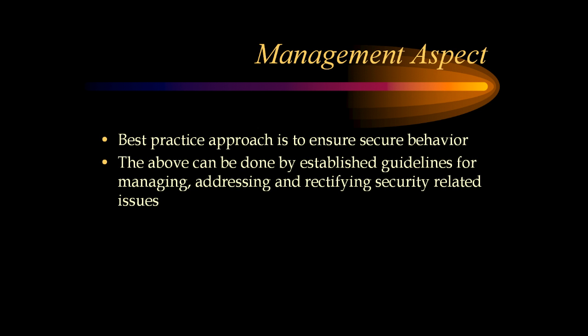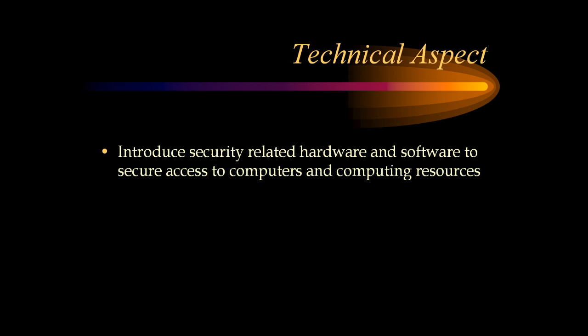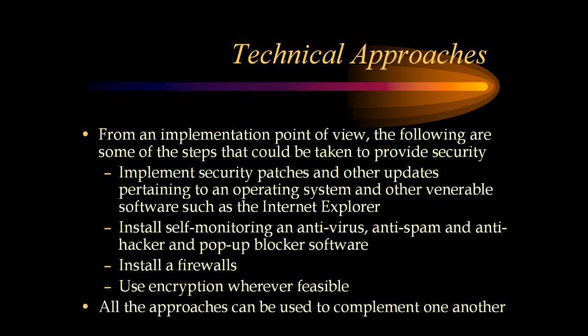The best practice approach for this is to ensure secure behavior, which means training and working with your people, and the above can be done by established guidelines for managing, addressing, and rectifying security-related issues. Okay. Technically, you can look at the introduction of security-related hardware and software to secure access to computers and computing resources, but user training and management support are kind of keys to getting this all done.